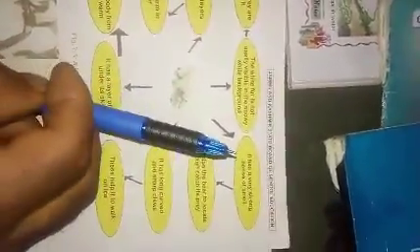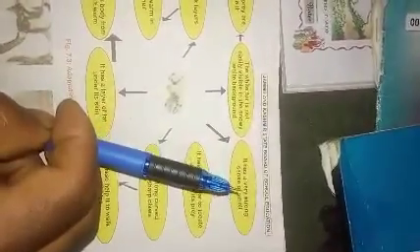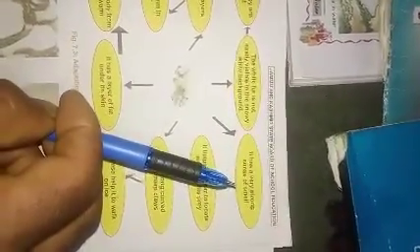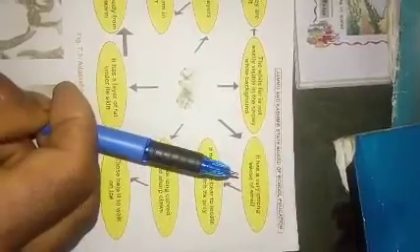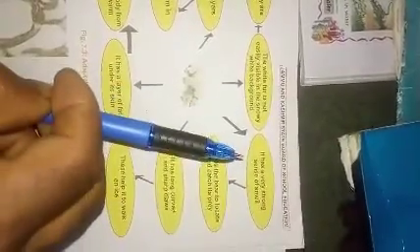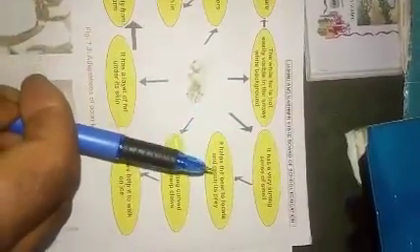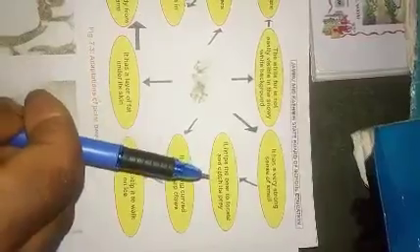Okay, you got it. Now another feature is that it has a very strong sense of smell. It can smell its food from a far-off distance. So this helps the bear to locate and catch its prey.